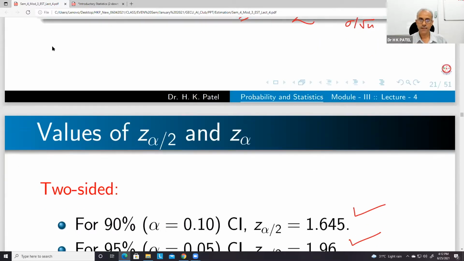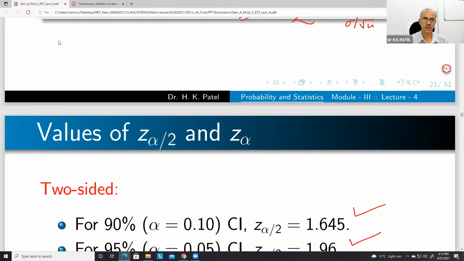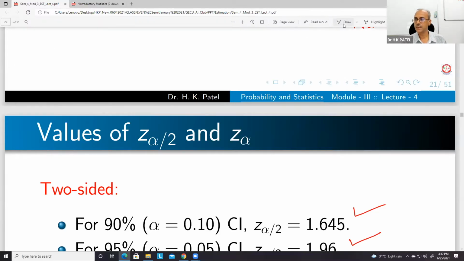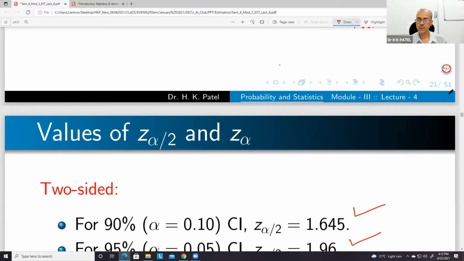That is subjected to confidence level, and that confidence level is denoted by 1 minus alpha.